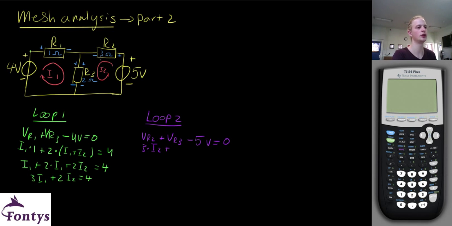And just as we've seen before, not only I2 flows through it, but I1 as well, so the total voltage is the resistance, which is 2, times I2 plus I1. And again I move the negative number to the other side, so I get equals 5. I'm going to correct that because it's not the prettiest 5 I've ever drawn.